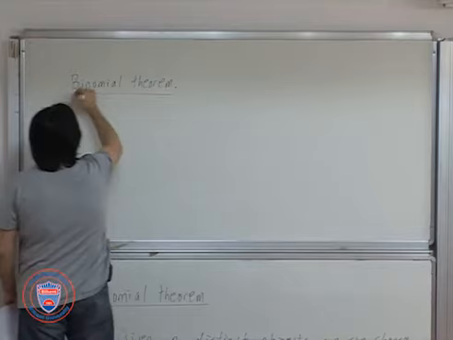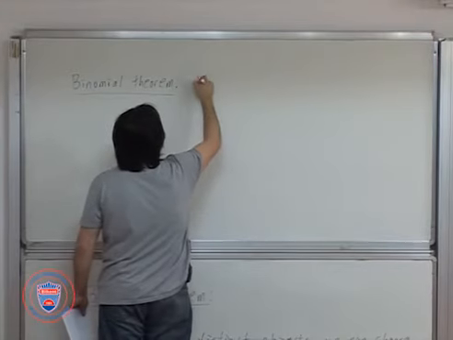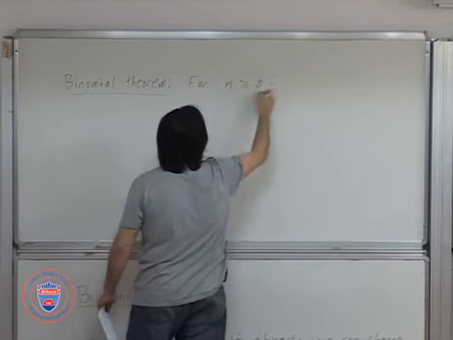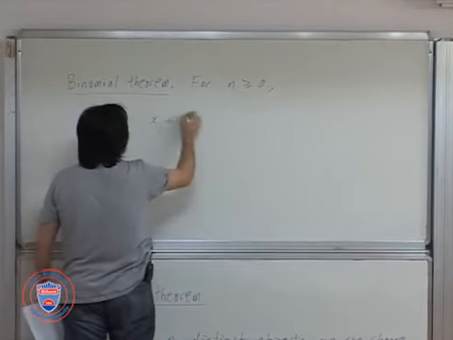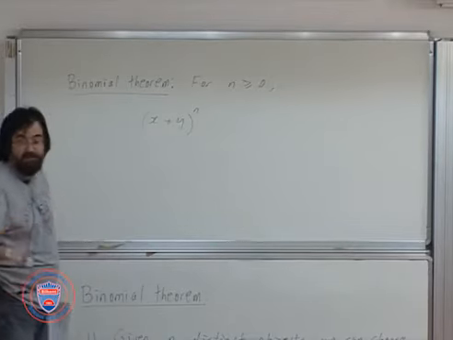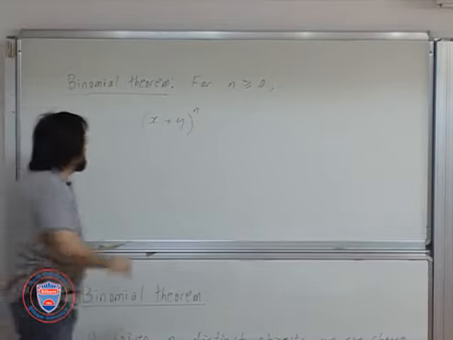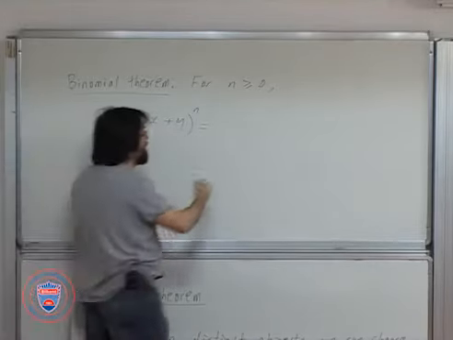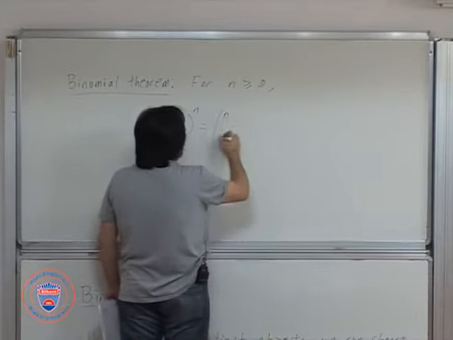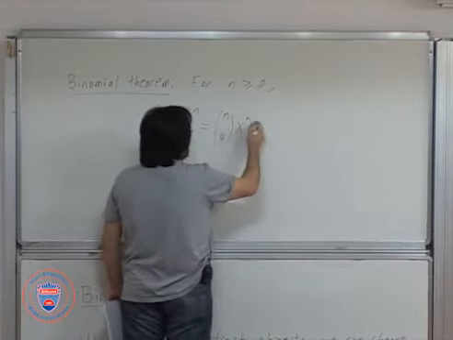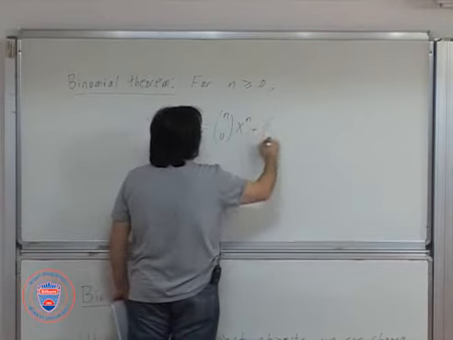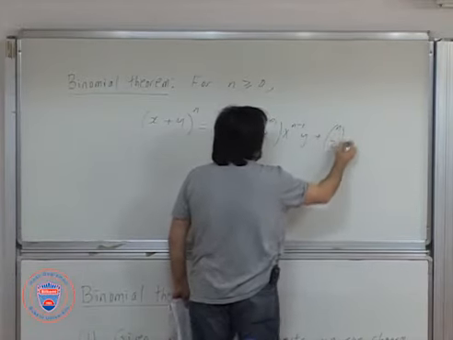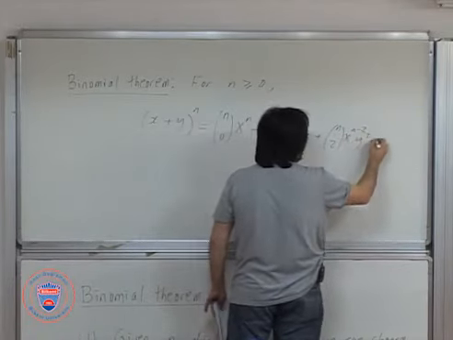So the binomial theorem says that for any n bigger than or equal to 0, and for any variables x and y, which don't have to be real numbers, you can write a formula using these binomial coefficients.